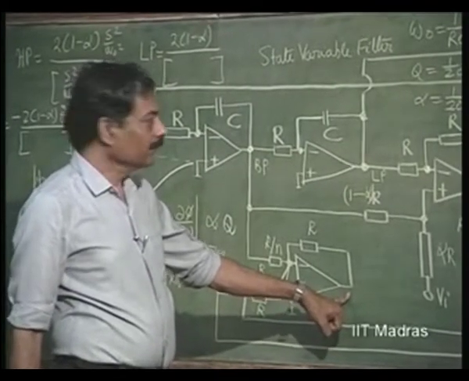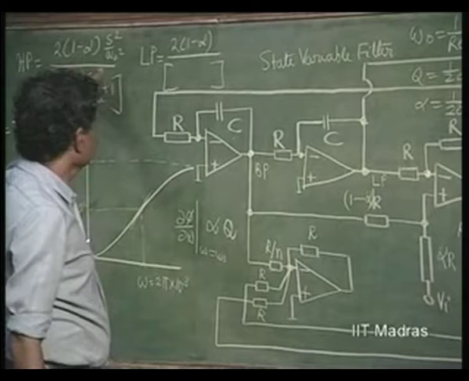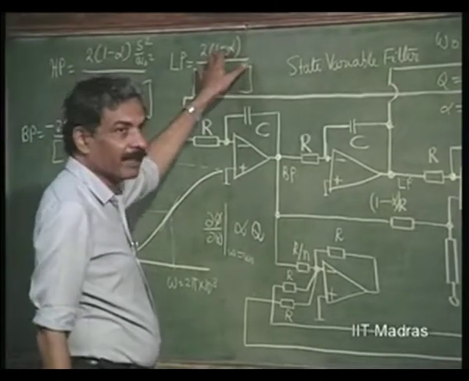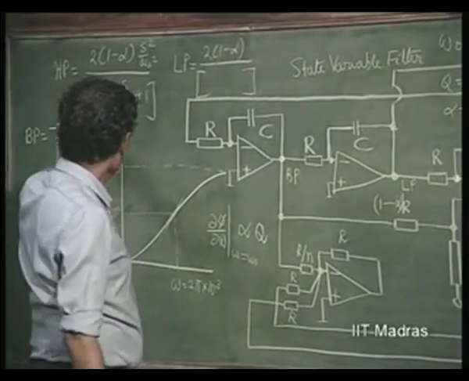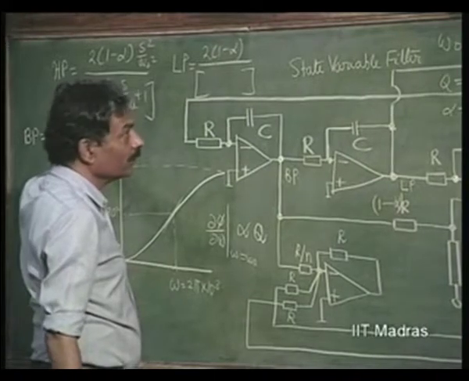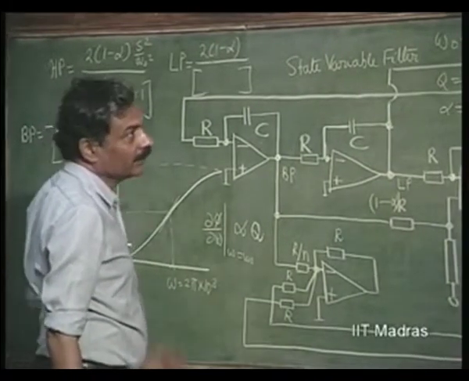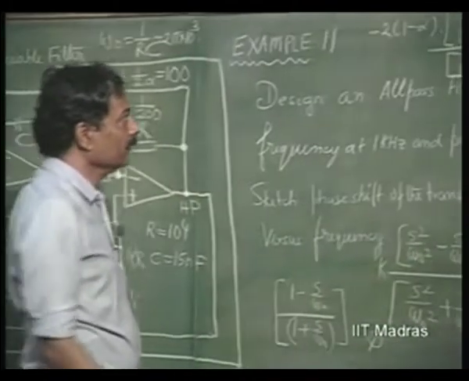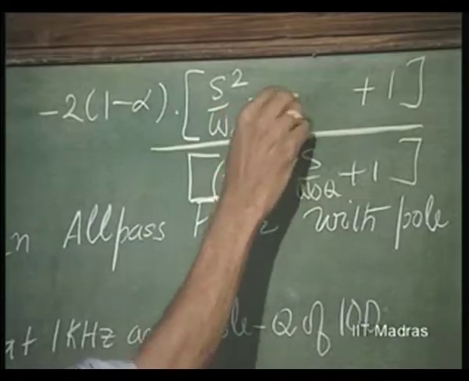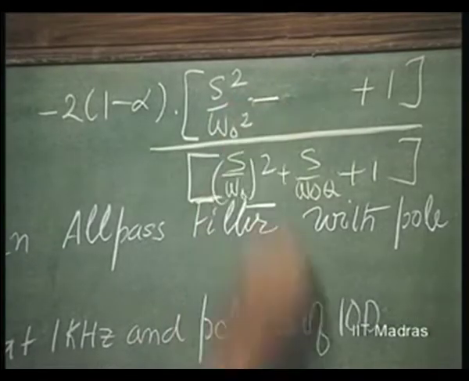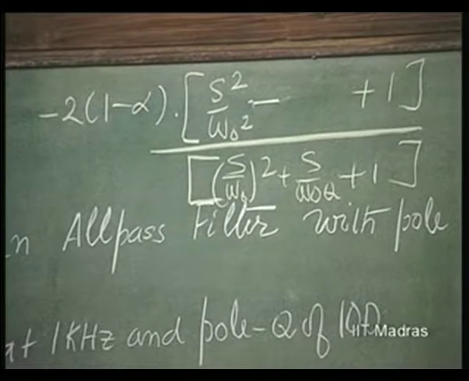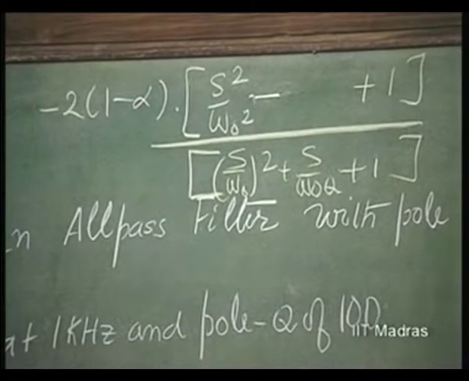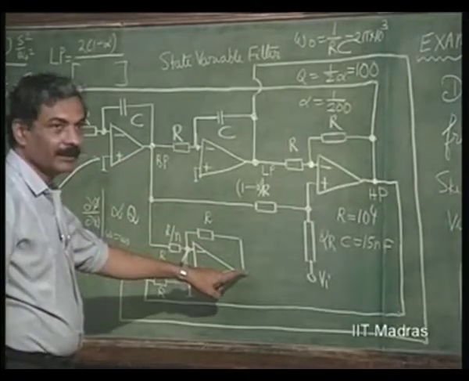If we simply add this one with minus sign, then this one we have already taken out 2 into (1 minus alpha) with a minus sign. So, that will be again minus. Because it is originally itself minus, so it becomes plus here.